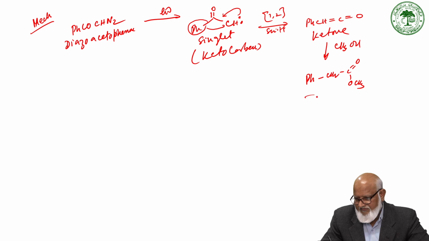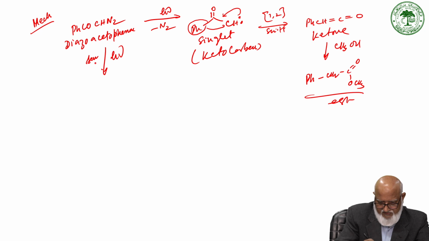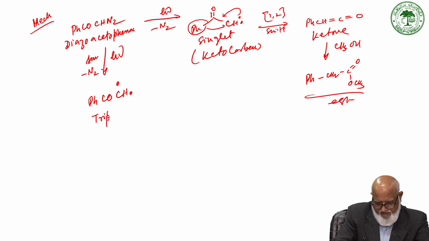This is the ester. On the other hand, on sensitized photolysis, minus N2, gives PhCOCH, the triplet ketocarbene.